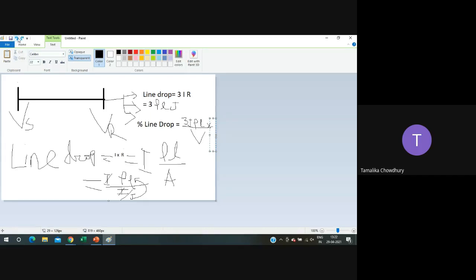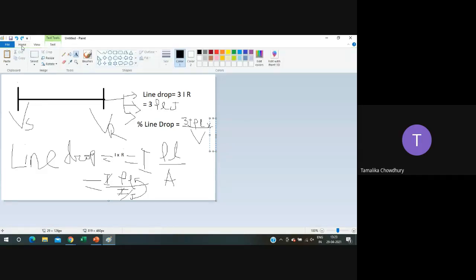I hope it is clear. Space is not more, so 3 rho LJ divided by V into 100% is what I've written here. If it is not clear, it is into 100%.